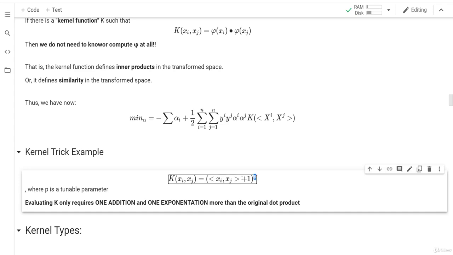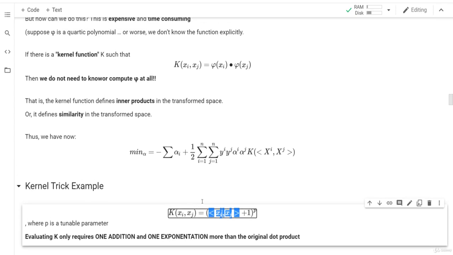We will have some number here, and then we will add 1 to this number. Let's say that this number now is 4. So 4 plus 1 is 5. And then let's say p equals 2. So it will be 5 power 2, which is 25. We didn't need to do any extra calculations other than one addition and one exponentiation. So this is the kernel trick.